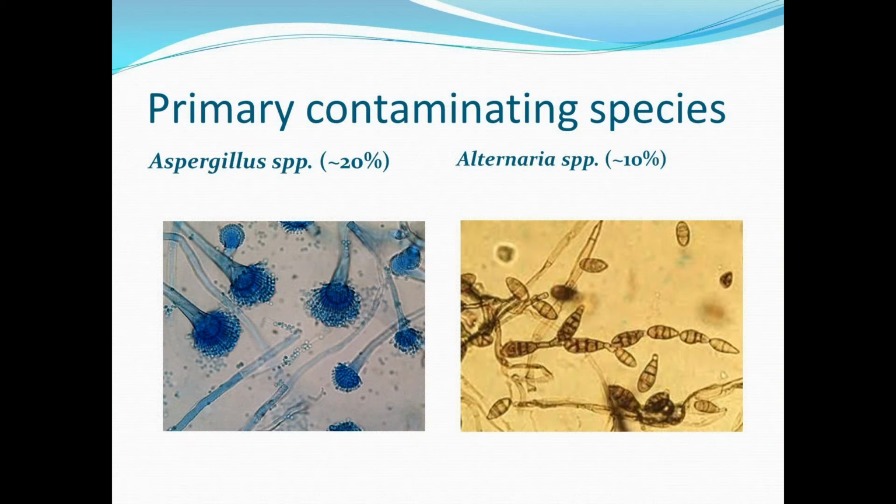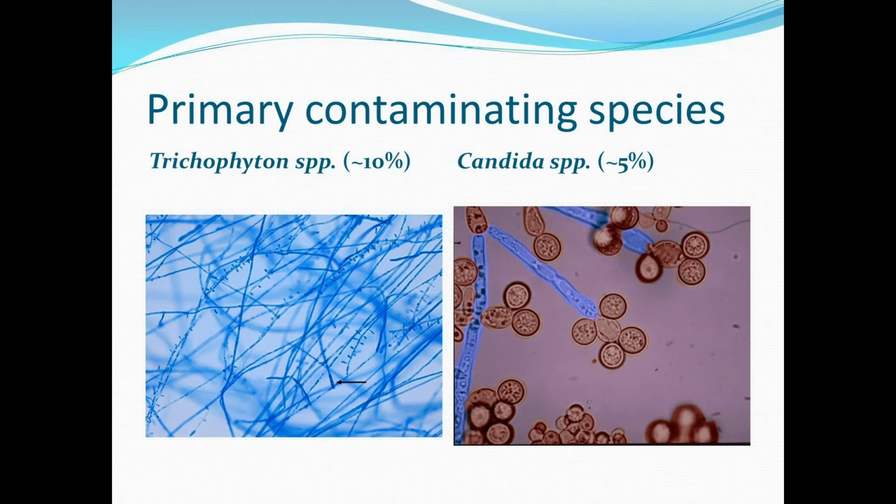Accounting for 10% of the recalls is Alternaria. This fungus leads to common allergens in humans. It's often found growing indoors, and it can trigger reactions like hay fever or the hypersensitivity reactions that could sometimes trigger asthma. Coming in also at 10%, we have Trichophyton.